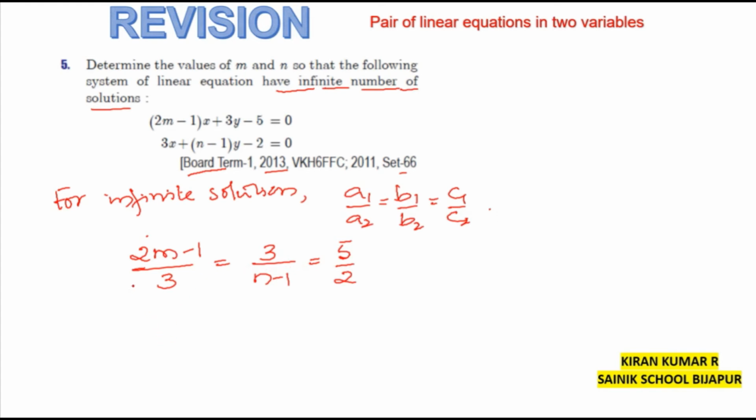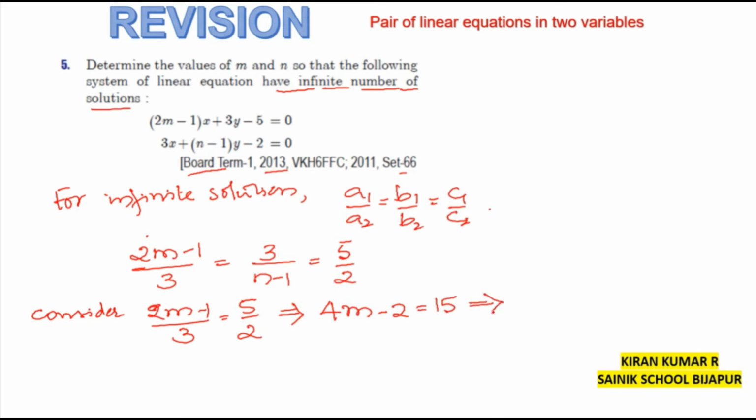Let me consider 2m minus 1 upon 3 equal to 5 by 2. This implies 4m minus 2 equal to 15. This implies m value is 17 upon 4.